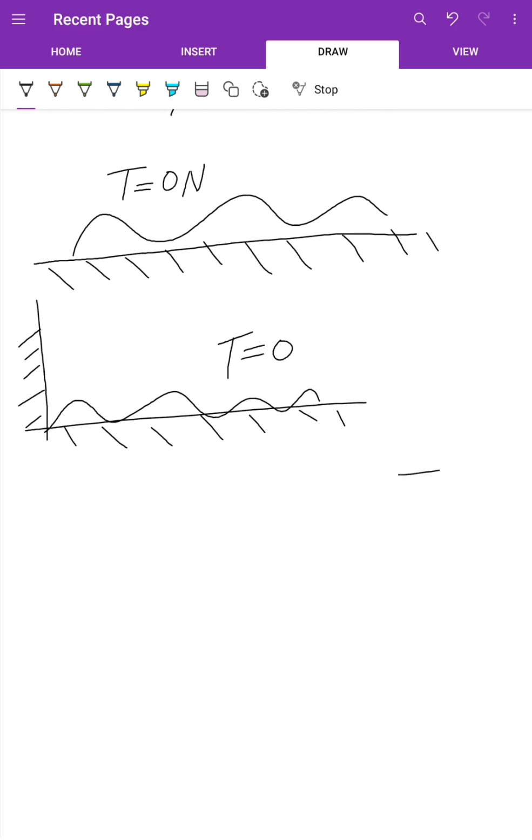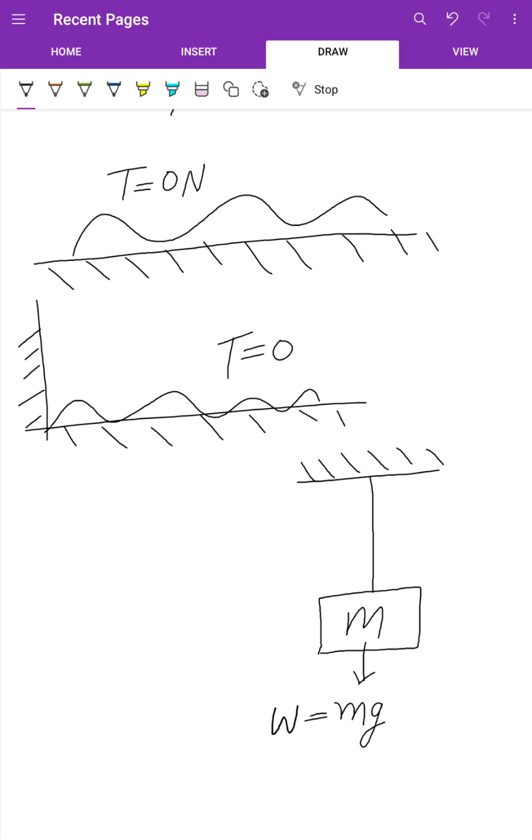Let's say another example. If I have a stretched string tied with a box of mass m, so now the mass m has a downward force or downward weight mg, and now this will have a tension T developed in the string.